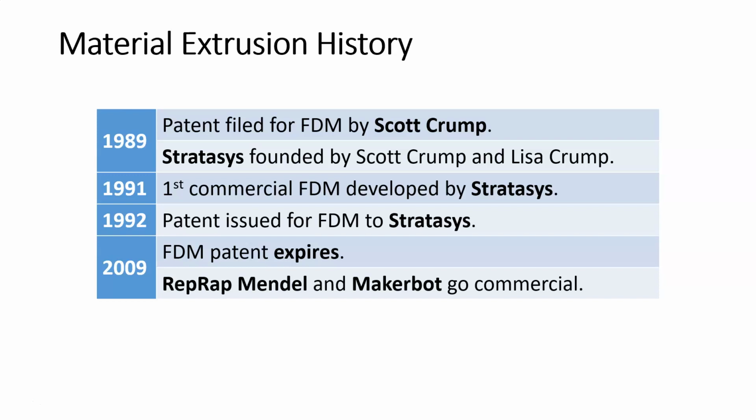And that was the time when the RepRap Mendel came out and MakerBot came out. So really, we could mark 2009 as the year that 3D printing really exploded into the commercial scene for the first time.